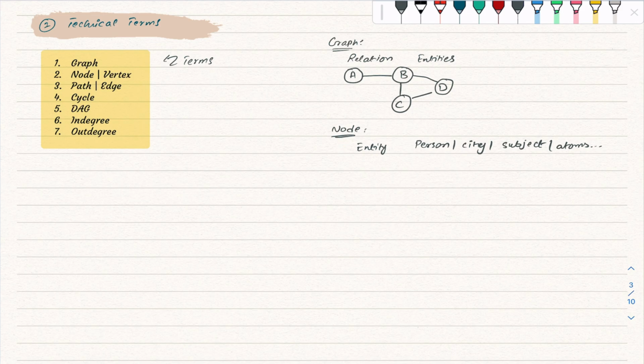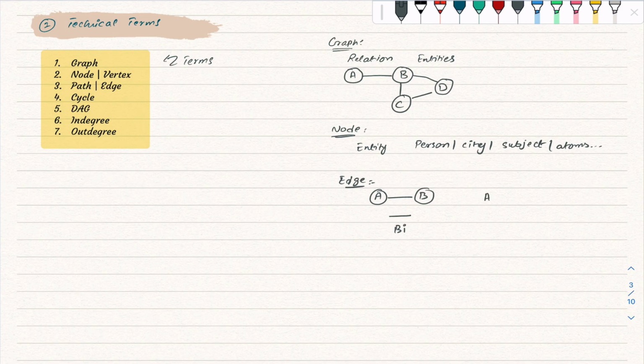And when we are talking about the relation between them, it can be represented using an edge. So let's suppose if I say A is a friend of B and B is also a friend of A, that represents a bidirectional relation.